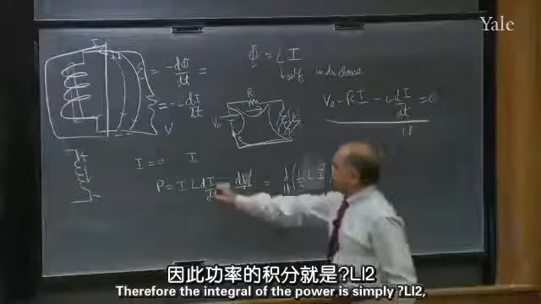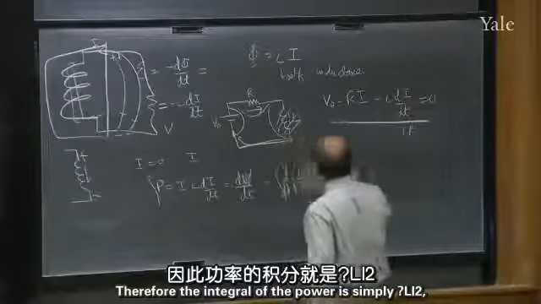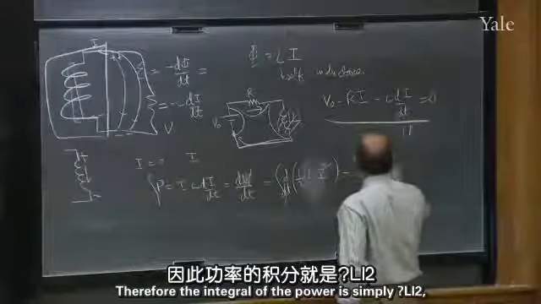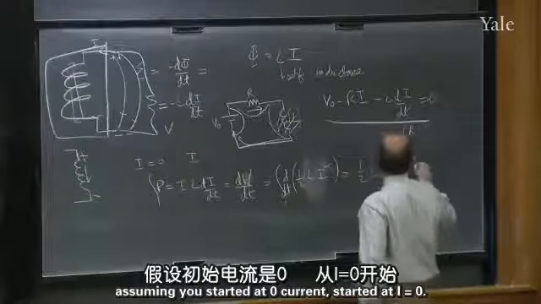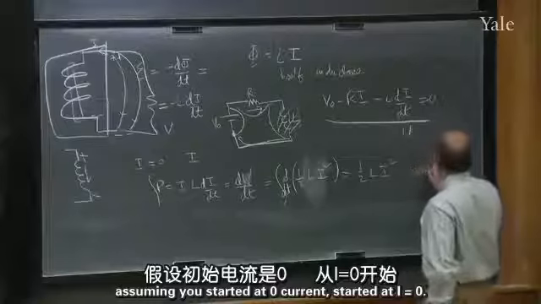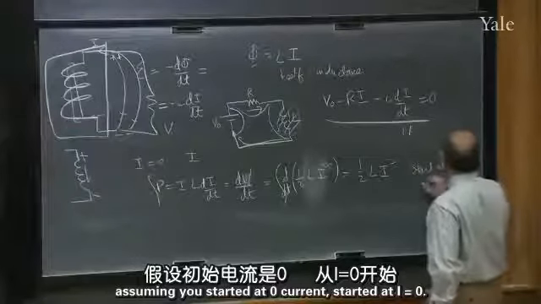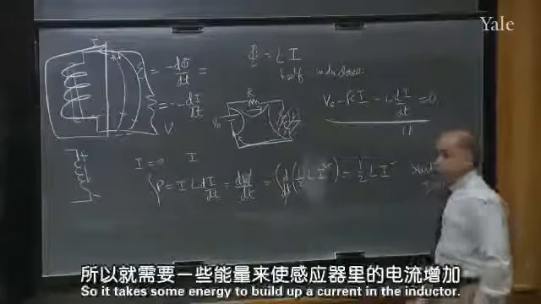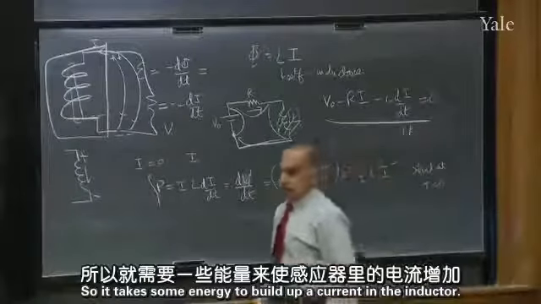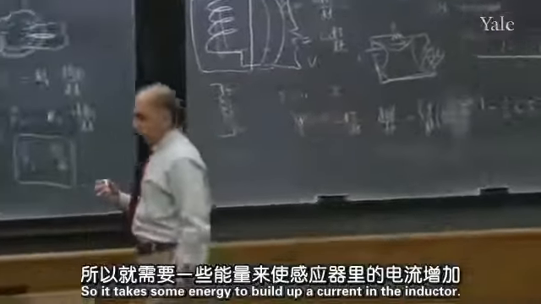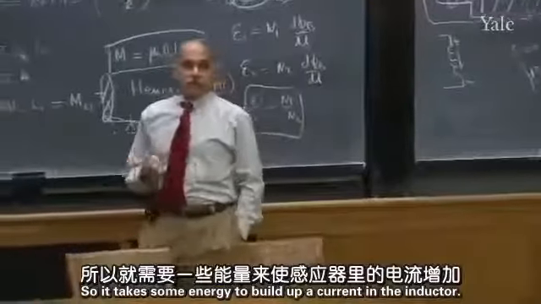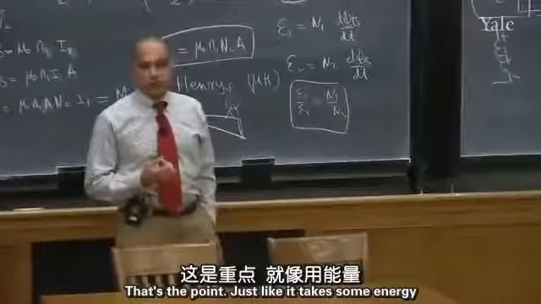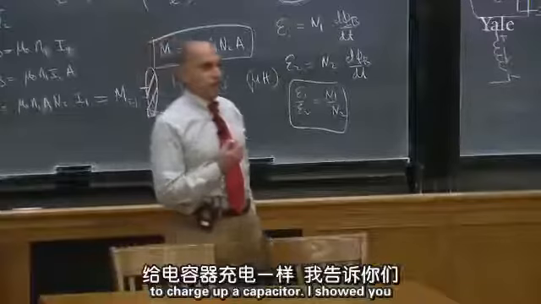Therefore, the integral of the power is simply 1/2 L I squared, assuming you started at 0 current. Start at I equal to 0. So it takes some energy to build up a current in the inductor. That's the point. Just like it takes some energy to charge up a capacitor.